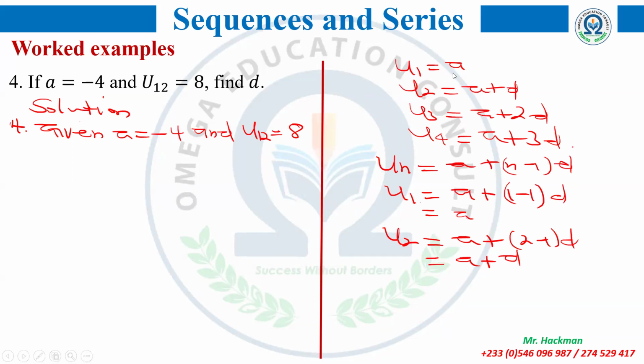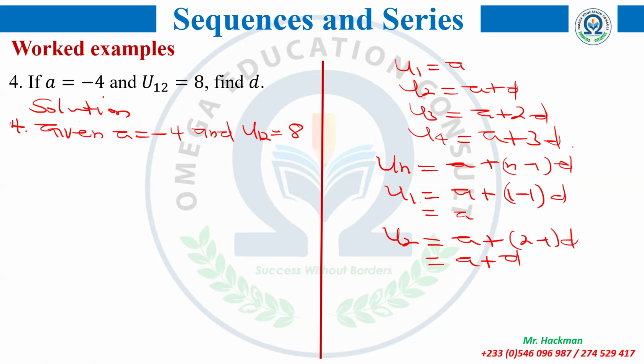So if your first term is A, your next term will be A plus D. If your second term is A plus D, the next one you add another D, which will give you A plus 2D. If your third term is A plus 2D, the next term you add your common difference D, so it will be 2D plus D, that will give you 3D. So it will be A plus 3D. You get it?